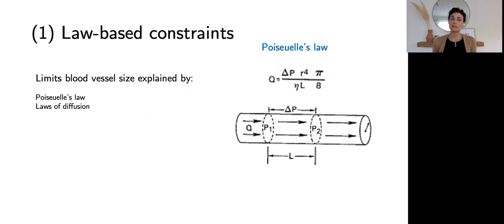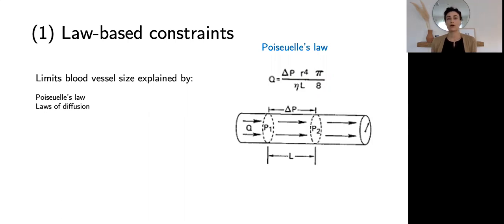Now, this might seem like it indicates that having a really large vessel will be ideal. However, if the blood vessel is too large, the blood is going to flow too fast to allow for this diffusion of nutrients and wastes into and out of the blood. So what we find is that the size of vessels are also limited in the upward direction, in this case by the laws of diffusion.